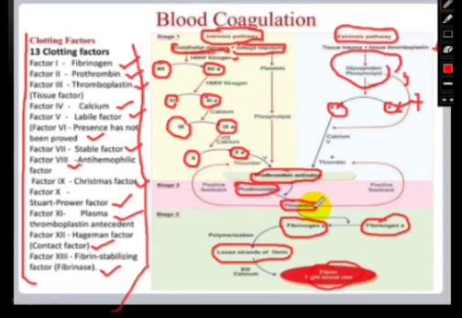And then prothrombin activator converts prothrombin to what? Thrombin. Thrombin converts inactive fibrinogen to active fibrinogen. The active fibrinogen forms loose strands of fibrin, and then the loose strands of fibrin are converted to a tight fibrin blood clot. Very simple, isn't it?